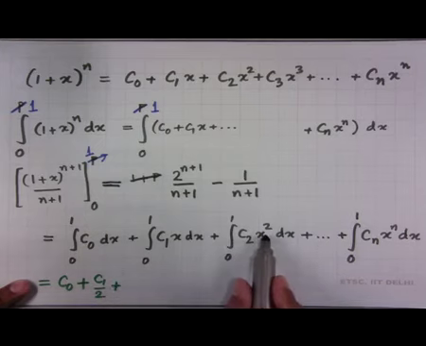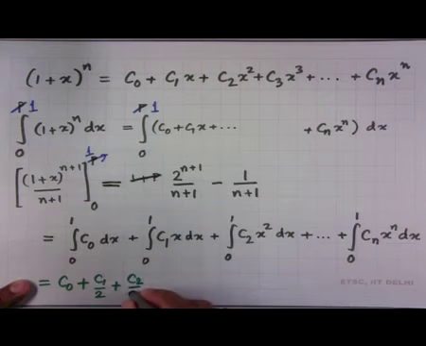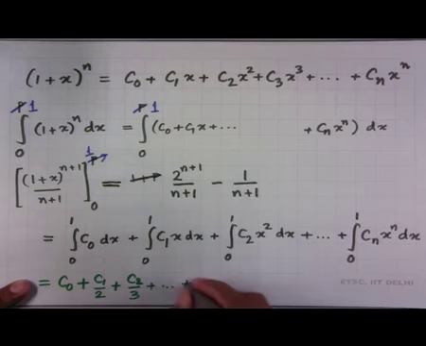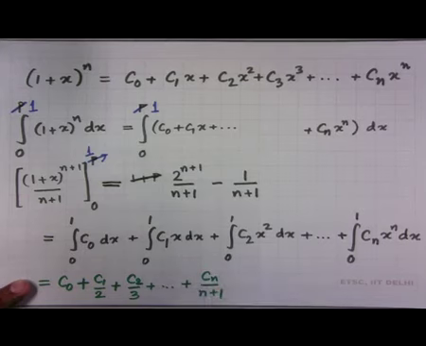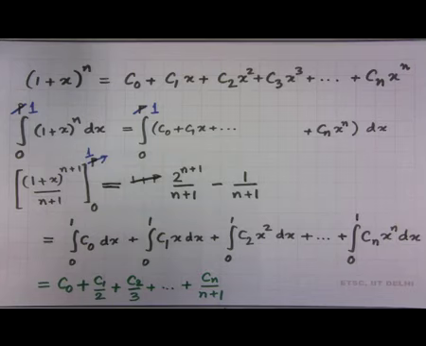C2 times x cube by 3, okay, straightforward.